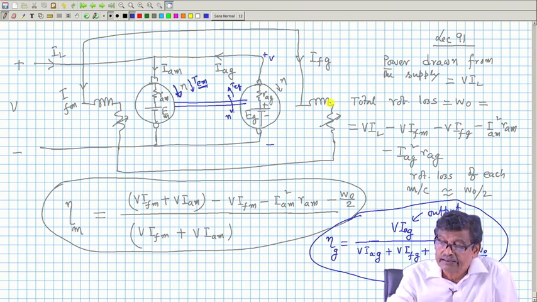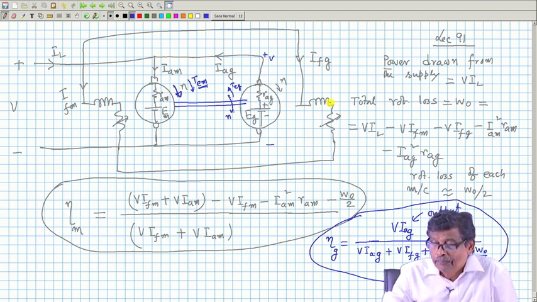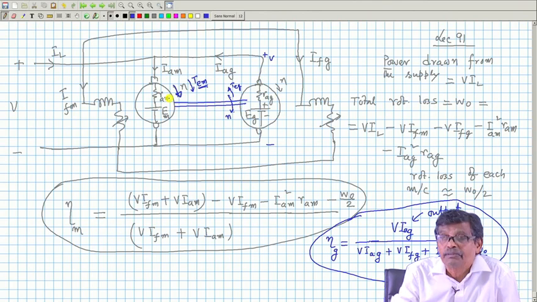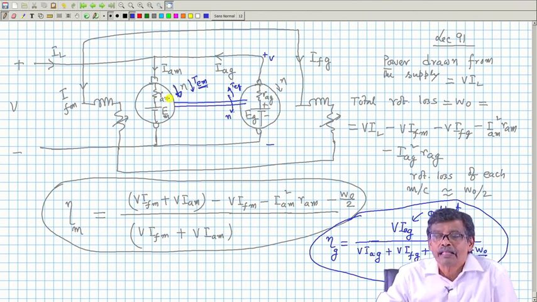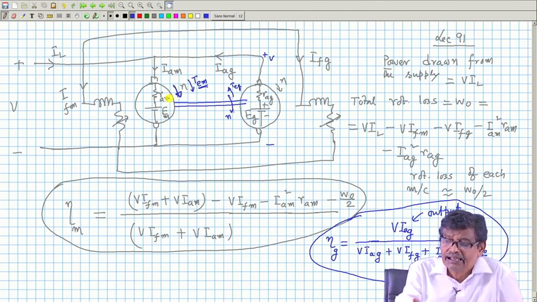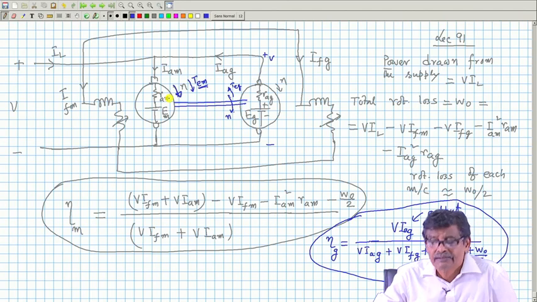Therefore, this motor will run this generator as a prime mover. Similarly, this generator will give supply to the motor. Therefore, this is how they will manage to survive with sufficiently large armature currents. But our purpose is to see that they are carrying rated currents, then calculate efficiency.